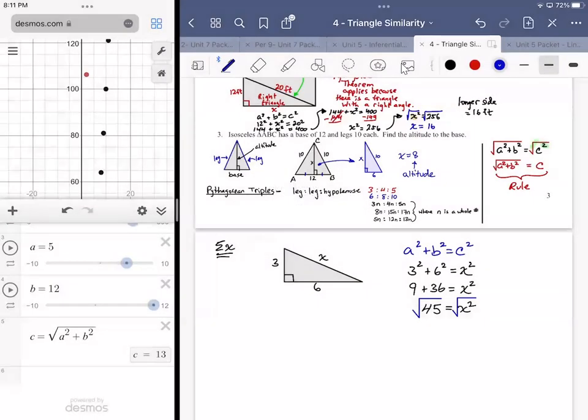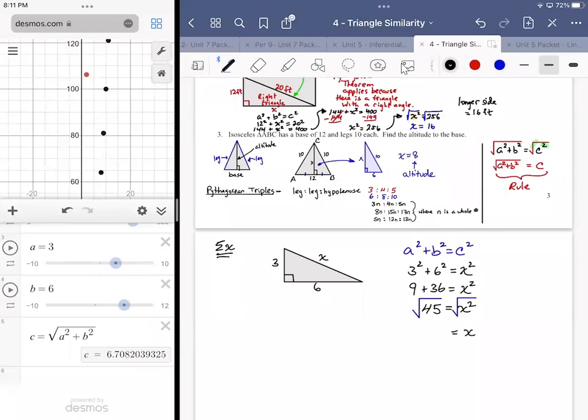Oh, hold on. I don't know if it's going to crash. All right, so I'll put in the 3. I'll put in the 6. And you see I'm getting 6.708 and all that good stuff. All right, that's not pretty. So the right-hand side is going to cancel down to an x, but that radical 45 I have to simplify.